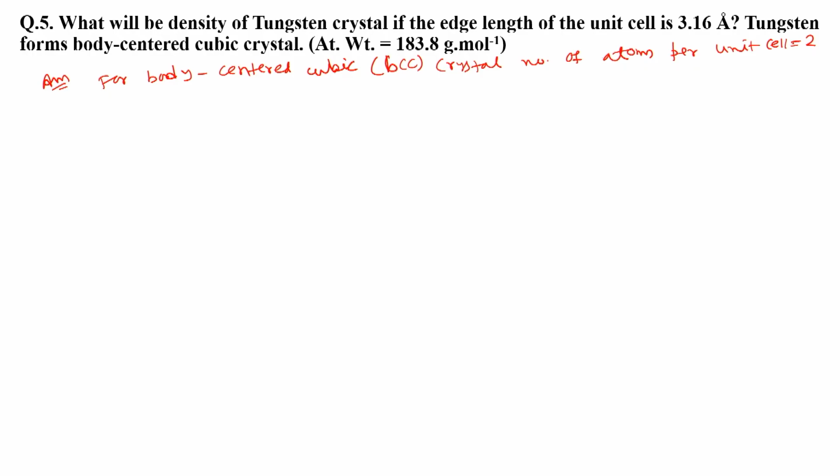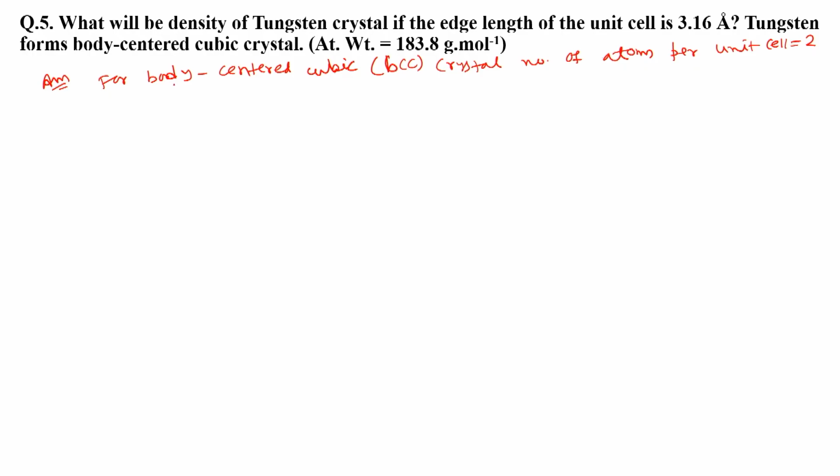So for a BCC, body centered cubic crystal, the number of atoms per unit cell is 2, we already discussed.